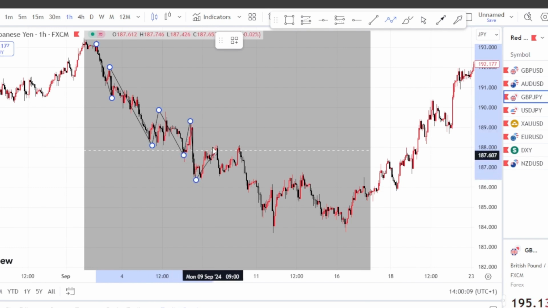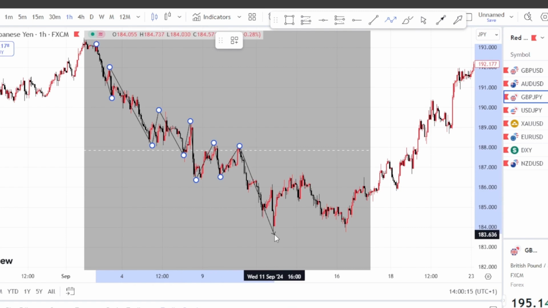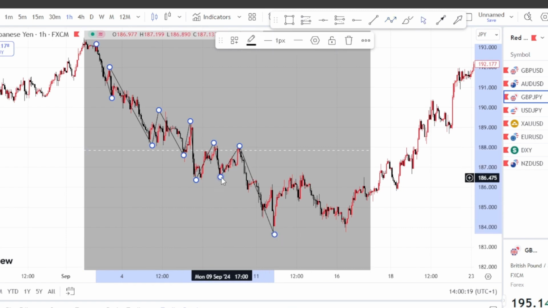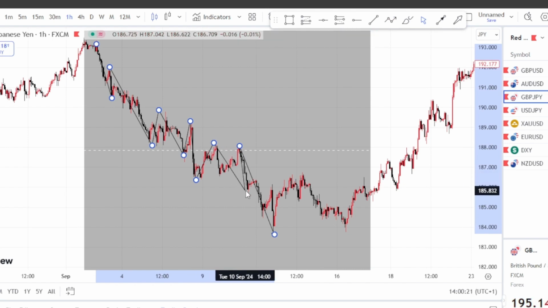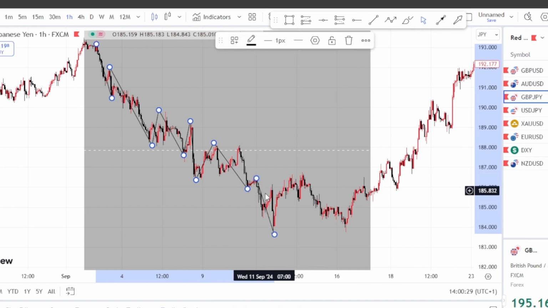We did not break structure here, so any point where you did not break structure is considered invalid. This particular point was not valid, but this one was valid. Then the retracement was very small, and then we had another one here.